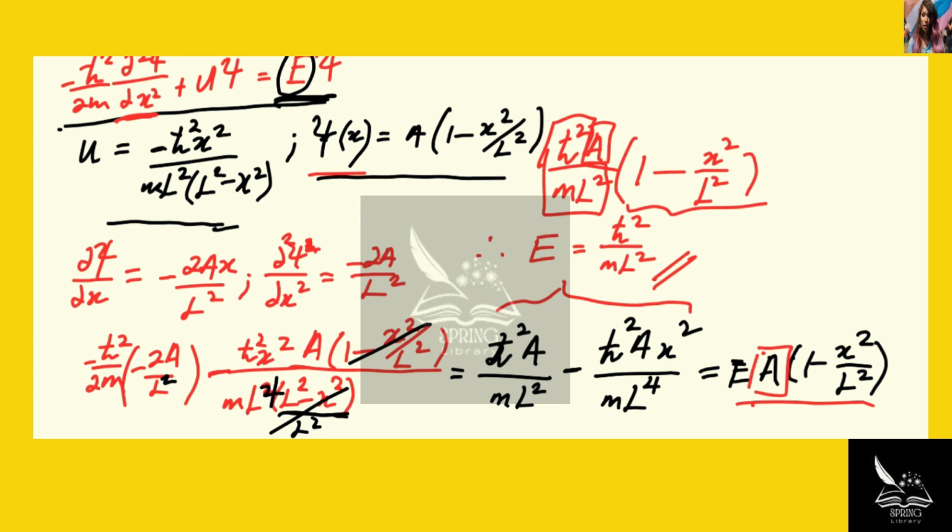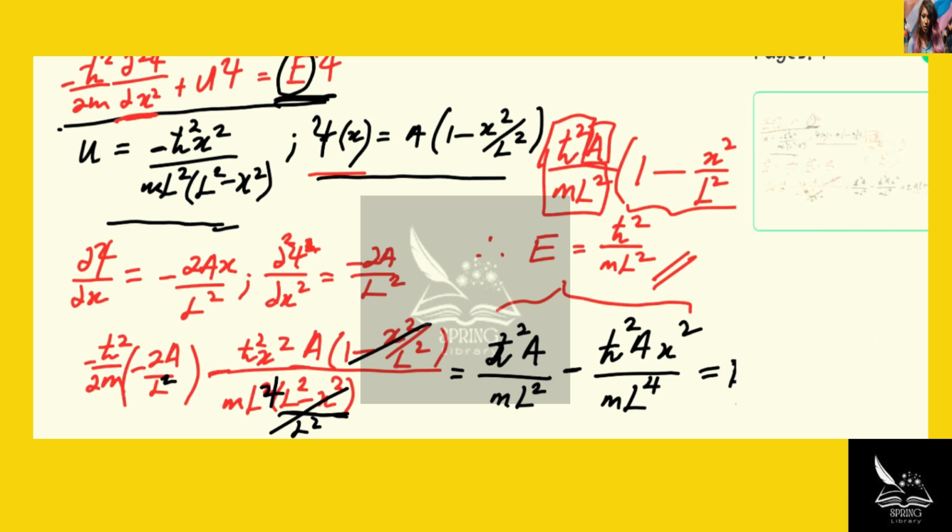Now we can move on to find the normalization constant. The normalization constant helps us ensure the total probability of finding this particle anywhere is 1.